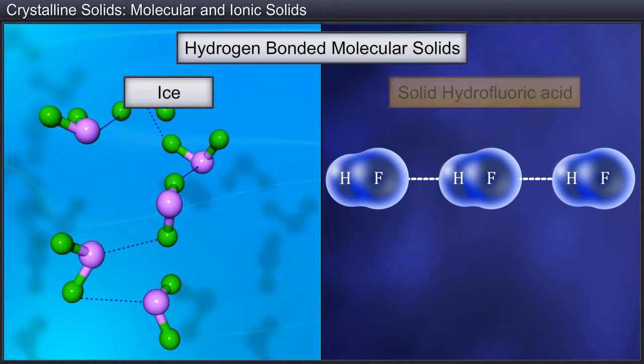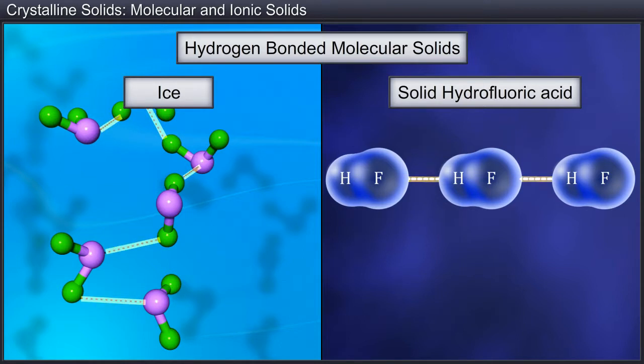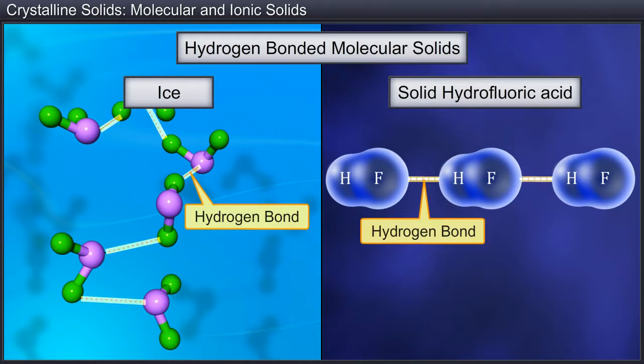Ice and solid hydrofluoric acid are two examples of hydrogen-bonded molecular solids. The molecules in these solids are held together by strong forces of attraction called hydrogen bonds.